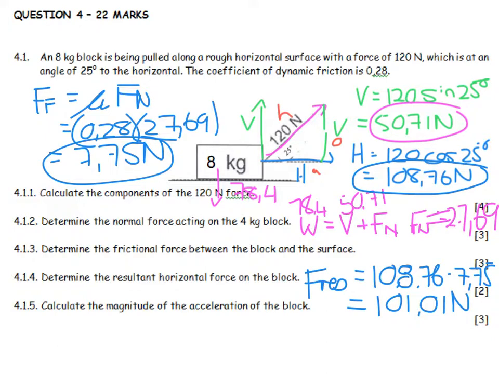That's the net force on this block. So we can now say that is equal to mass times acceleration. And mass times acceleration is going to be 8a is equal to 101,01, and a turns out to be equal to 12,63 meters per second squared.